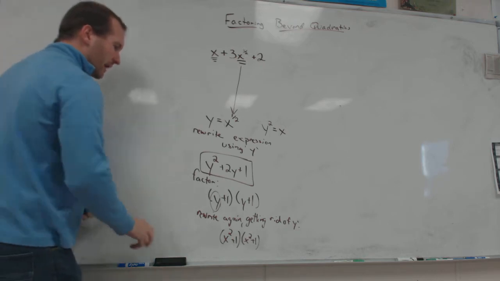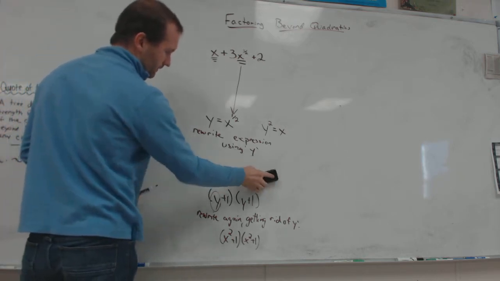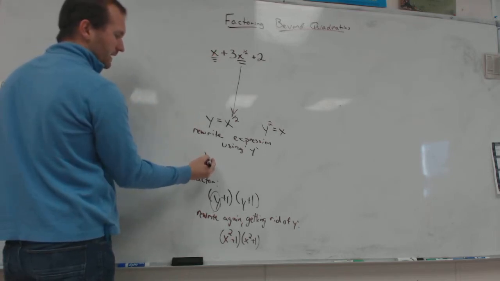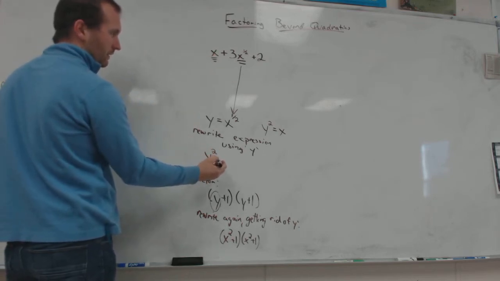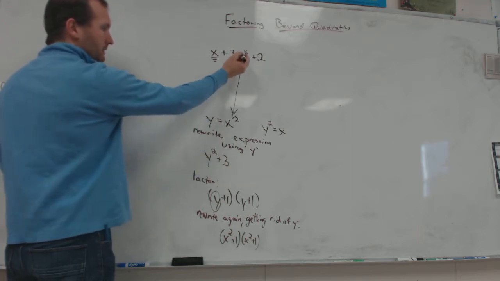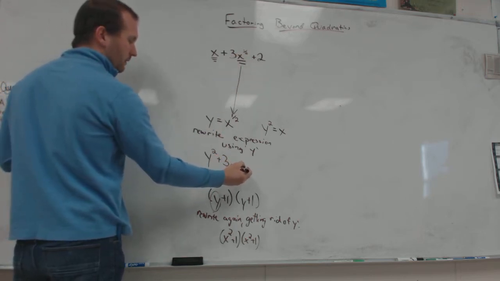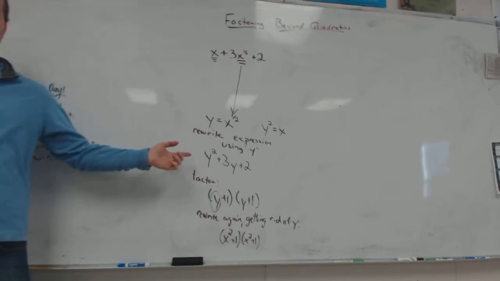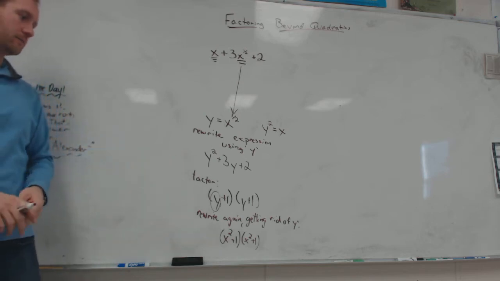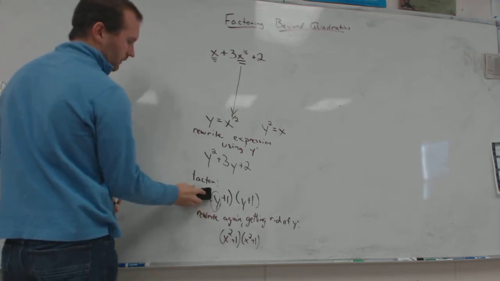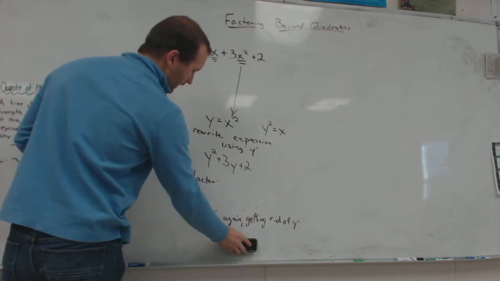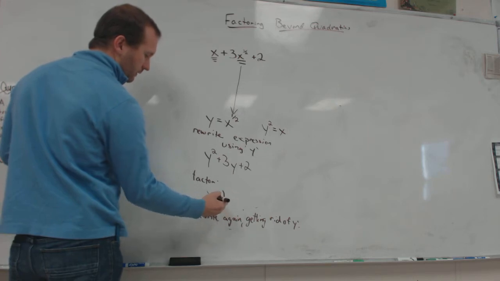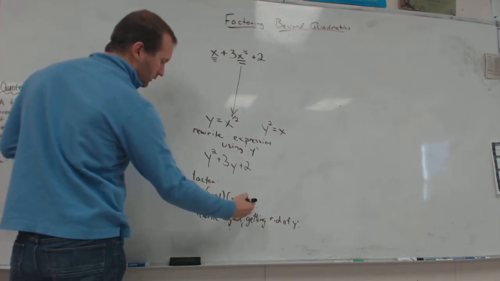So now when we rewrite this, x is actually y squared plus 3, x to the 1/2 is y plus 2. And now that looks a lot more like something that you guys know how to factor. We would factor that just by saying maybe y plus 1 and y plus 2.